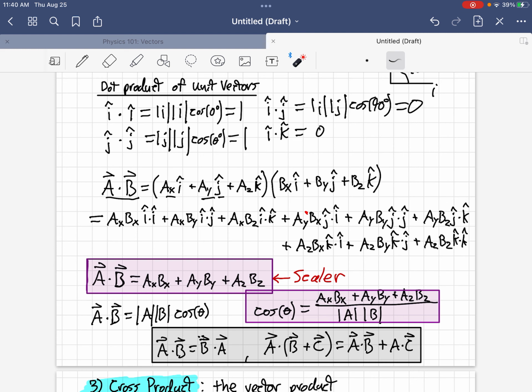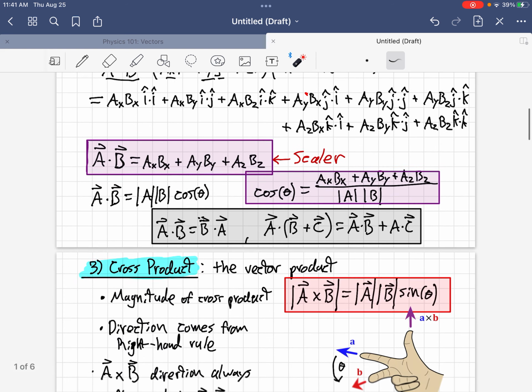So if someone gives you the components of 2 different vectors, you can use this definition to solve for the angle between them. Cosine of the angle between the vectors is going to be equal to AX times BX plus AY times BY plus AZ times BZ over the magnitude of A times the magnitude of B.